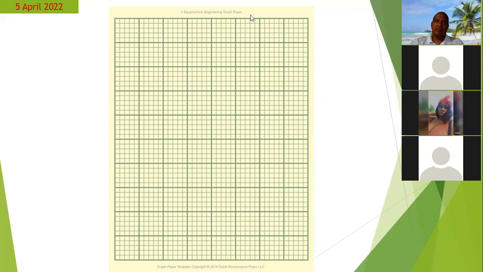Sir, 2. Smaller size and a bigger size. All right, so we notice that we have these tiny boxes, right? Everybody see those tiny boxes? And we also notice that we have some medium-sized boxes.